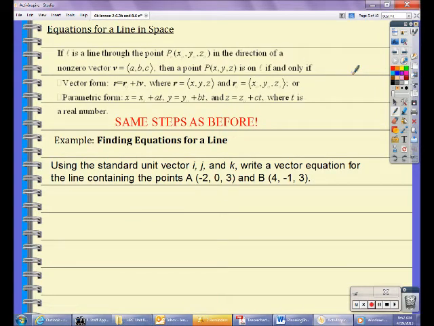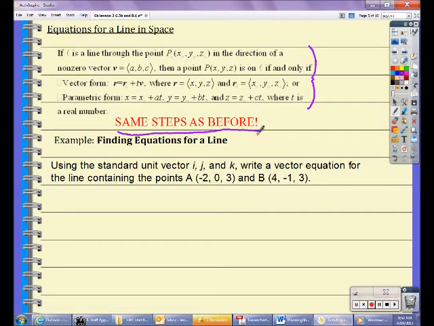Now, how do we put it in space? Suddenly, instead of just an x and a y, we have an x and a y and a z. I'll let you read through this official book definition thing, but really all it's saying is you use the same steps as before, only now you have a z.